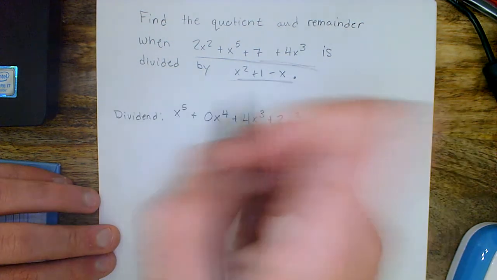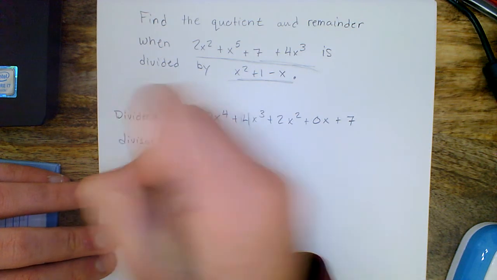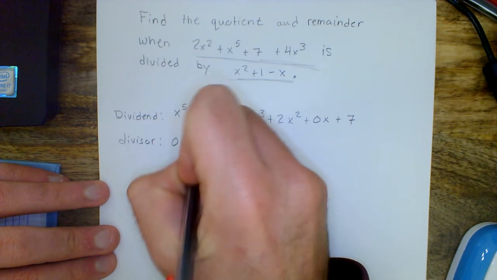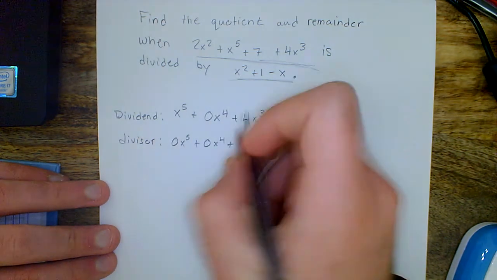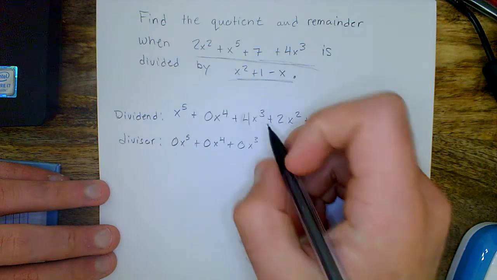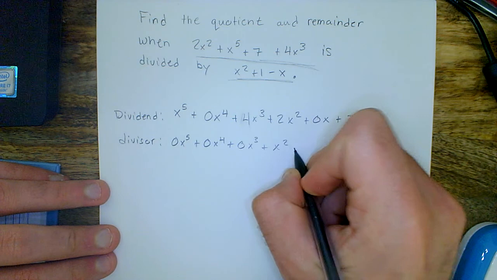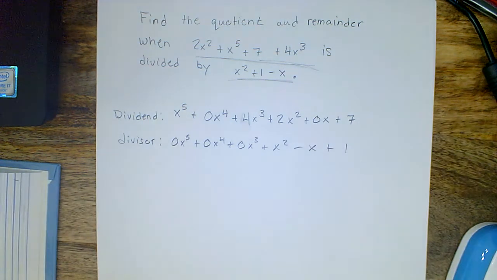Okay, so then the divisor we also want to write that way, except now the divisor is only degree 2, so we've got quite a bit of zeros. And again, this zero thing you don't have to do, but when you see this process for the first time, sometimes it's helpful. Plus x squared minus x plus 1.